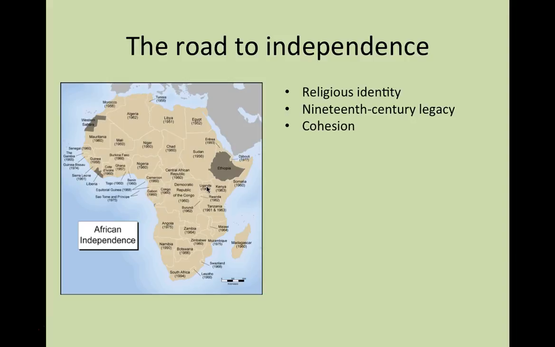There were a number of factors to determine not only the process of the gaining of independence, but also the kind of result of that. The things that we'll talk about when we get to a discussion of post-colonial Africa. Some of these colonies were actually quite cohesive in their structure. We could talk about the Protectorate of Bechuanaland down here, which was predominantly made up of a single ethnic group.